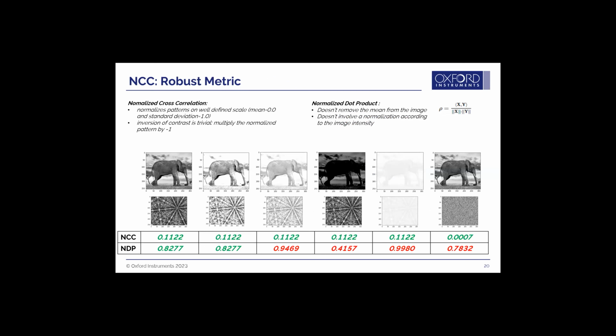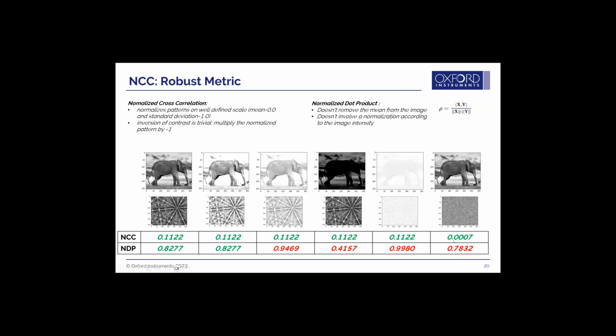What was kind of staggering is if you use a normalized dot product, you can start with a really, really high correlation factor, but just raising the brightness of both images, as you can see in the third frame here, gives you a better correlation factor. Since we're normalizing everything first and using the cross correlation, we are consistent throughout, changing contrast and brightness of the various images or simulations.